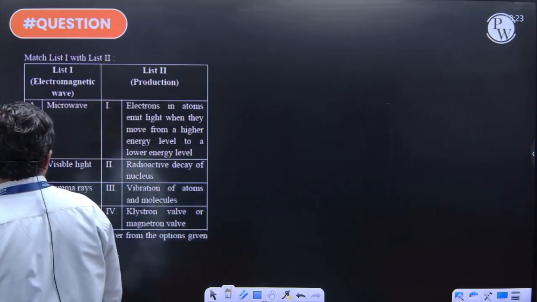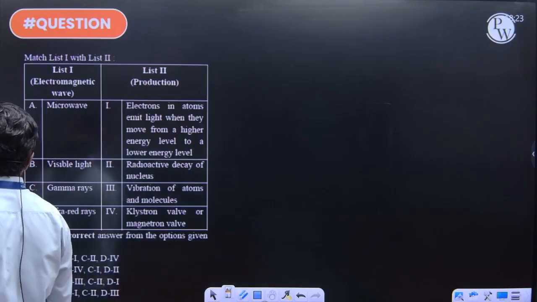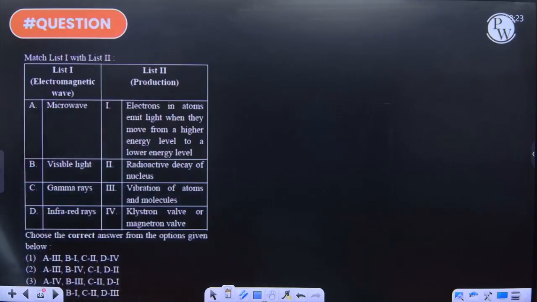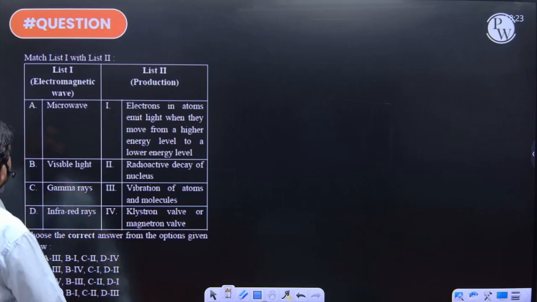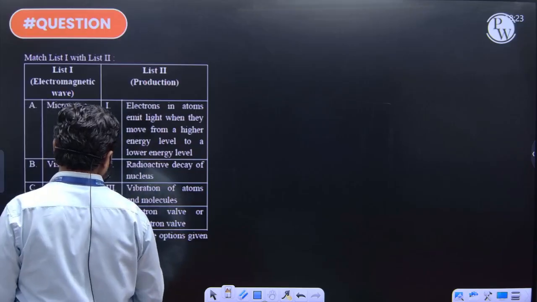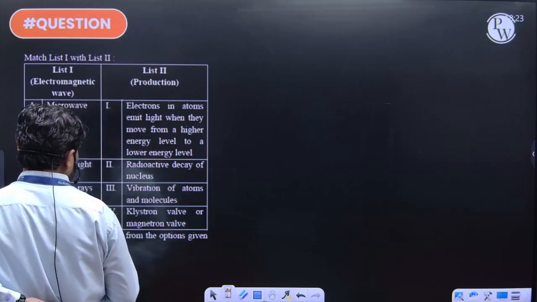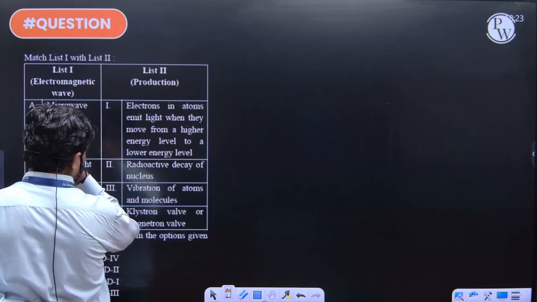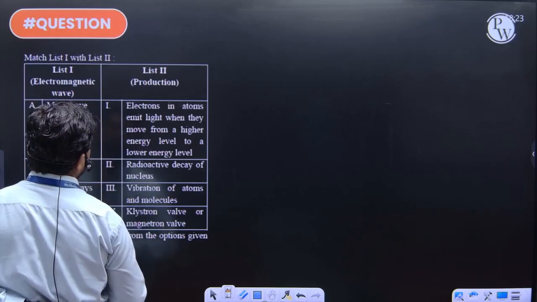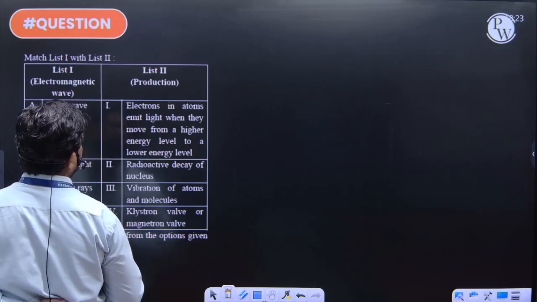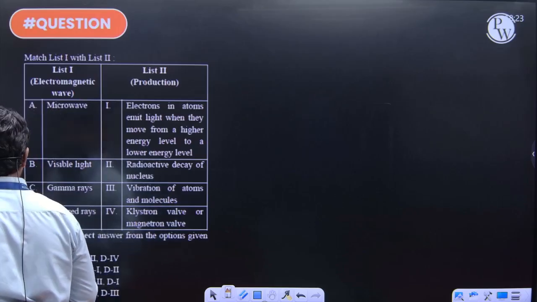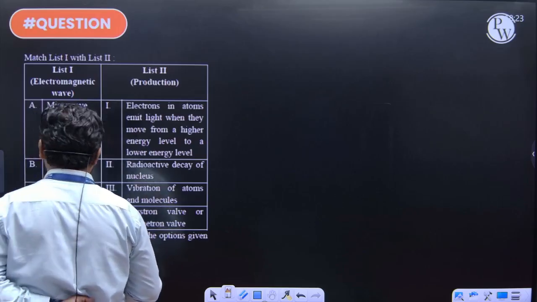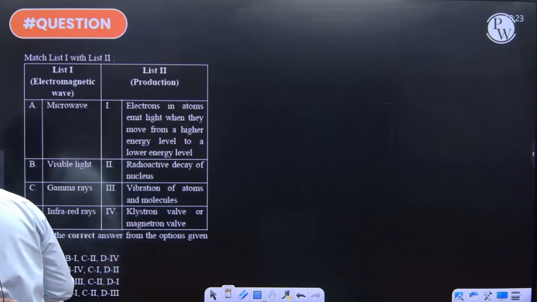Match list 1. If you remember this data, you can easily get to the solution. Microwave is from klystron valve or magnetron valve. Visible light: electrons in atoms emit light when they move from a higher energy level to a lower energy level.